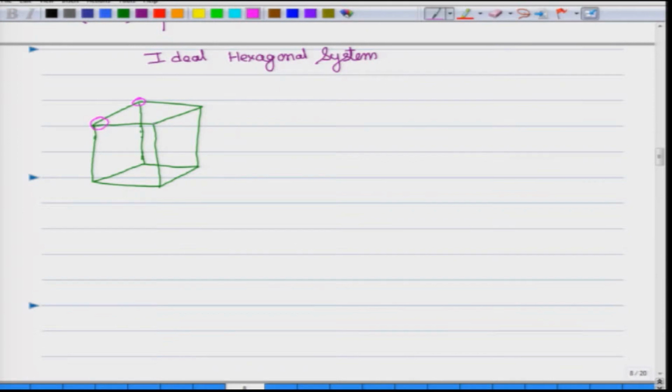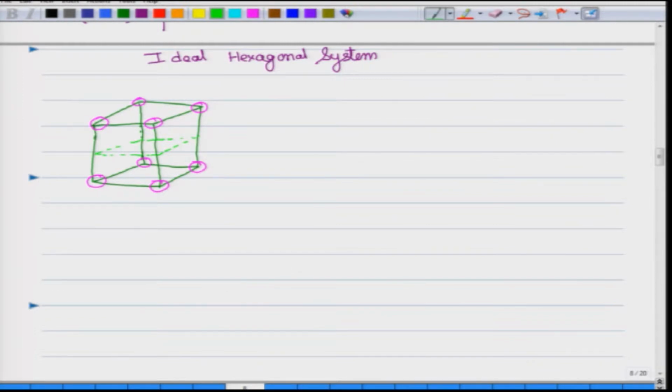We have atoms over here, and these are the basal planes, but in between also there is one layer and there is an atom over there too. So, if you draw a middle level mid plane somewhere over here, this mid plane will be called the B type of layer.